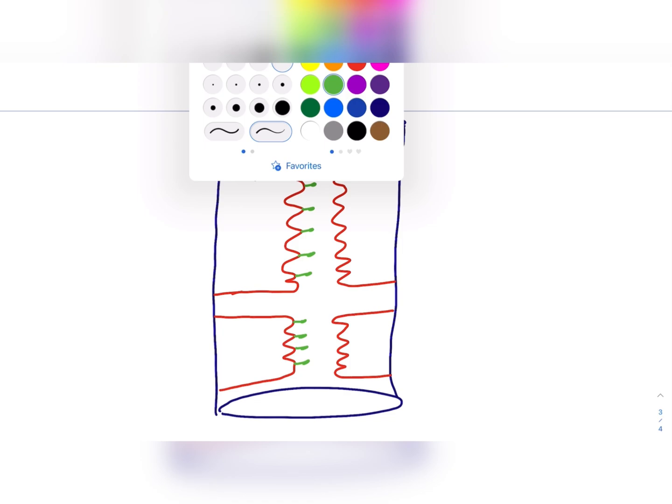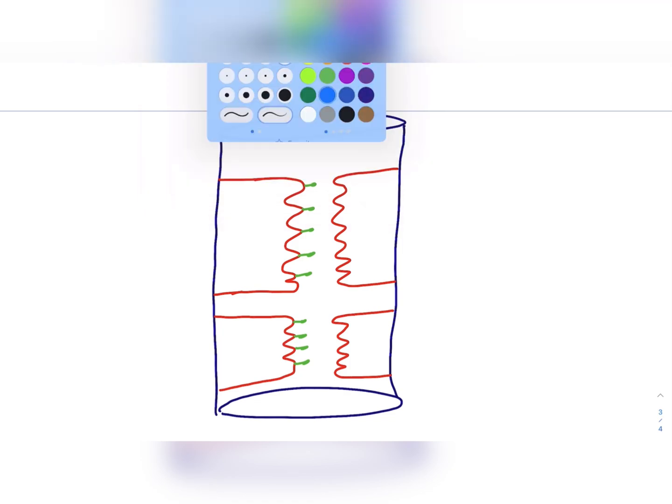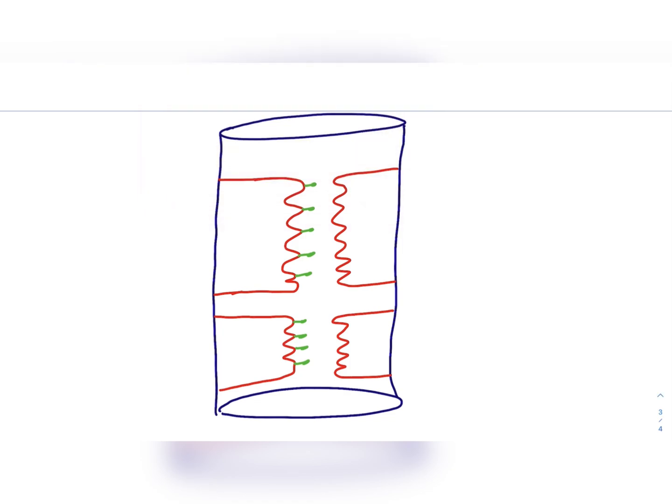Now these special disaccharidases can be maltase, lactase, sucrase, isomaltase, or certain oligosaccharidases.